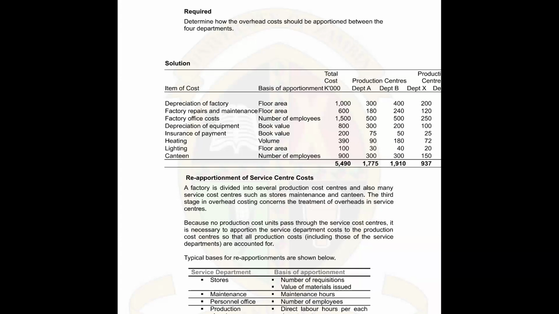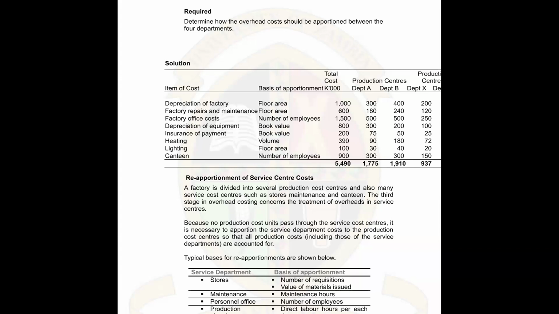The indirect costs or overhead costs have very specific bases of apportionment. We said that the process of assigning this cost to different departments is called cost apportionment, right?